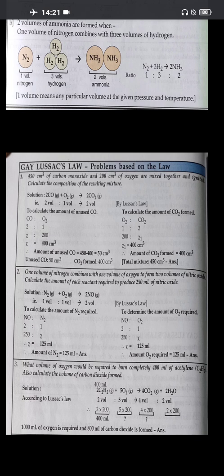Now, what you're supposed to calculate? You're supposed to calculate the volume of oxygen required. So by the simple unitary method, you calculate the volume of oxygen required, and then you calculate the volume of carbon dioxide formed. Thank you.